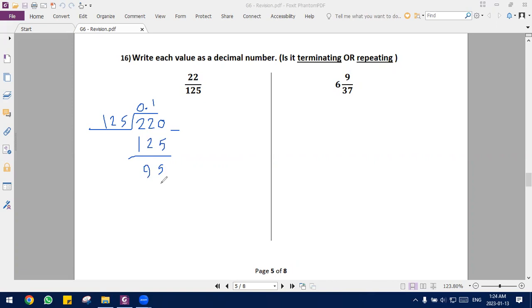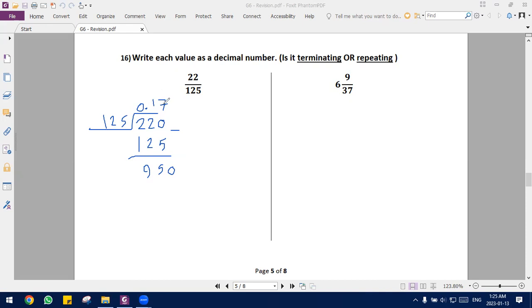So the remaining here we have 95. Now then, do you have another value to write down? No. So we add a 0 and we complete. Now we have 950. So here you need to try multiplying numbers with 125 to get something close to here. So we multiply by 7. 950 divided by 125 is 7.